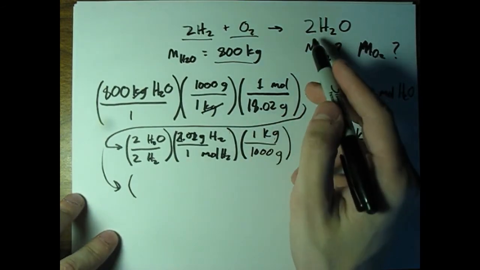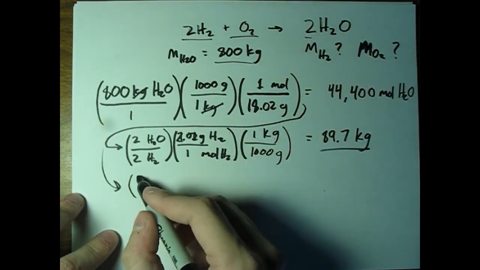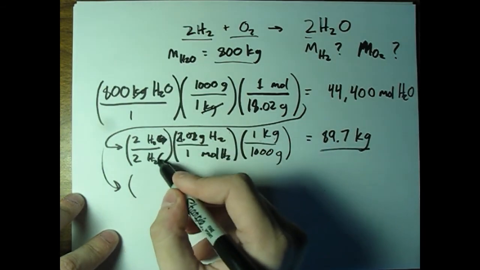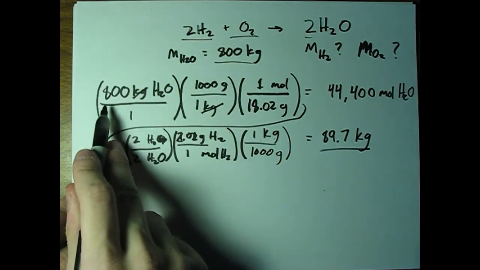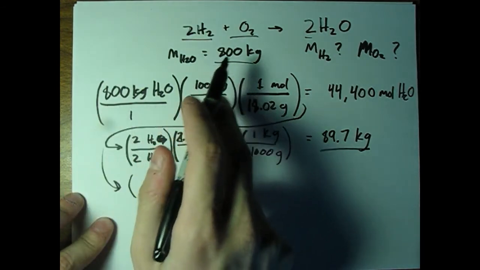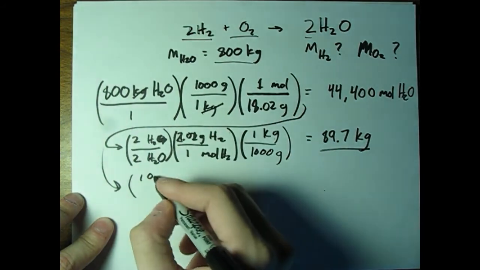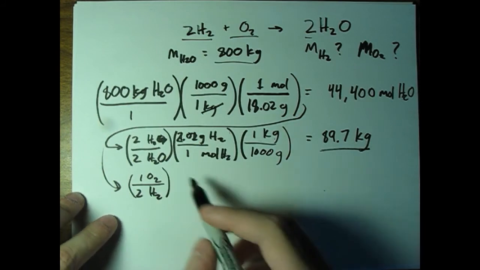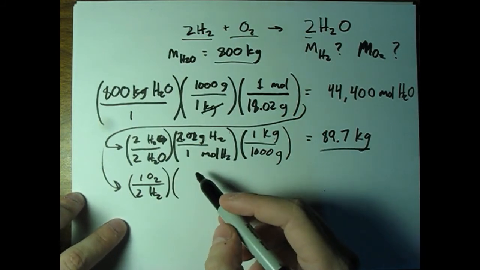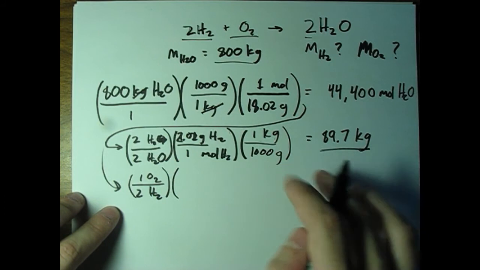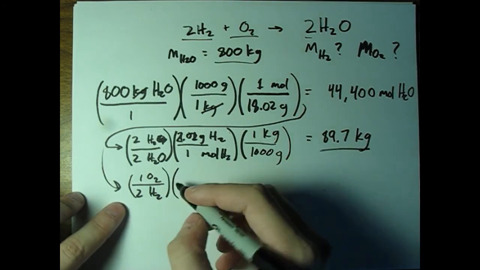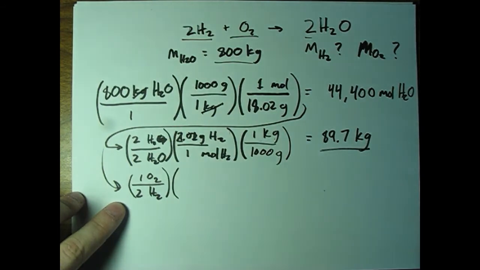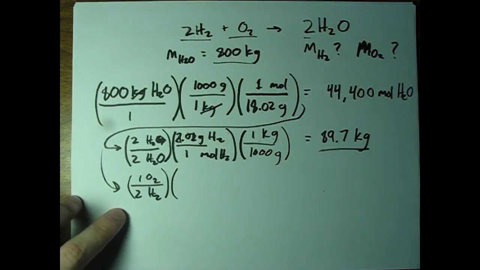Alright, same thing for oxygen. So in this case we have one oxygen for every 2 hydrogen. And then convert that into a mass by using the molar mass. What's the molar mass of molecular oxygen?